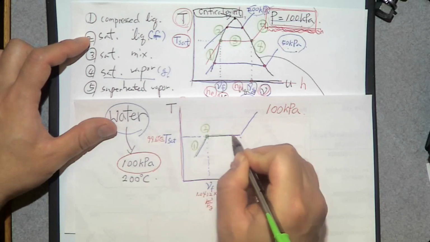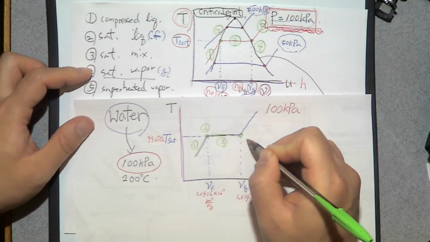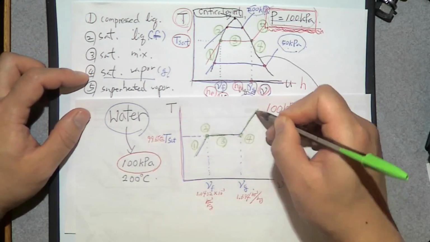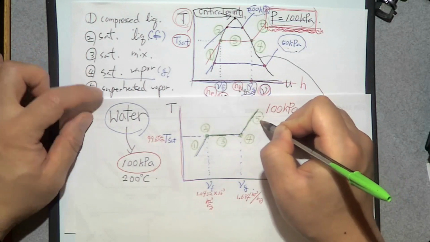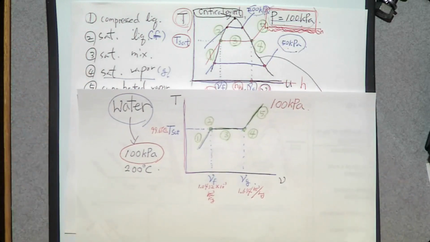This line represents number 3, saturated mixture. This point represents number 4, saturated vapor. And this line represents number 5, superheated vapor. So if you know pressure, you can make a TV diagram.